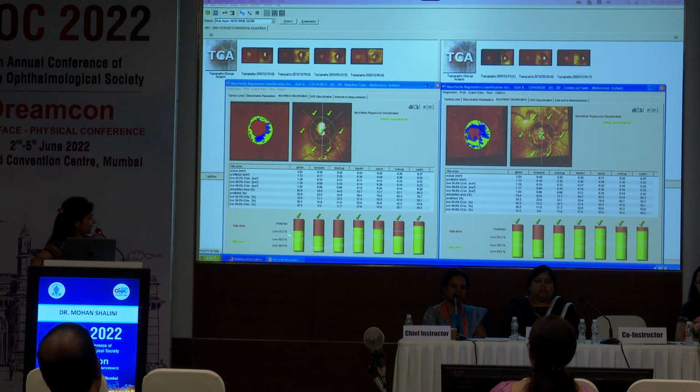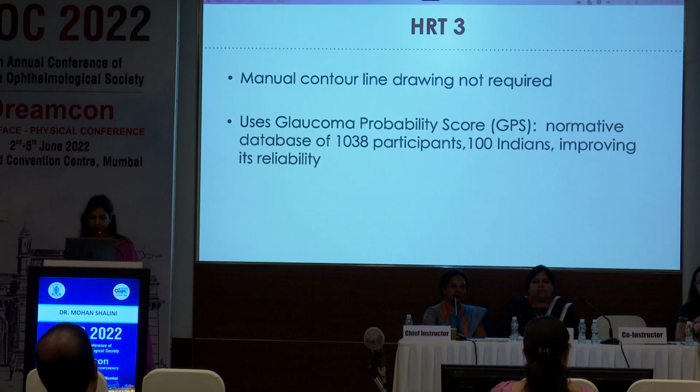If it is between the 95 to 99%, it will give you an exclamation mark in yellow color. And if it is below 99.9%, that is less than 0.1% of the normal population could have that kind of statistics, it labels it as abnormal or outside the normal range. However, in this patient, we can see that all of the parameters have remained stable over time, over 6 years.